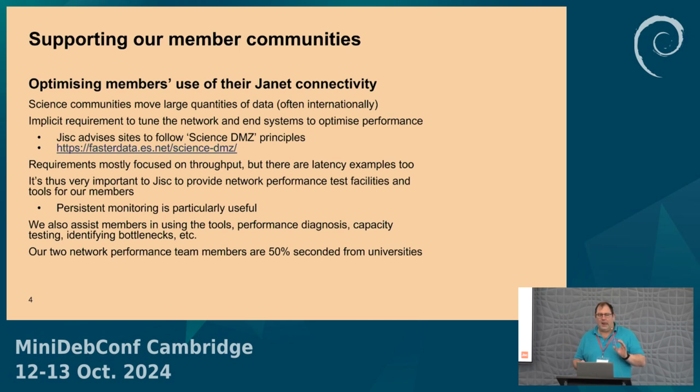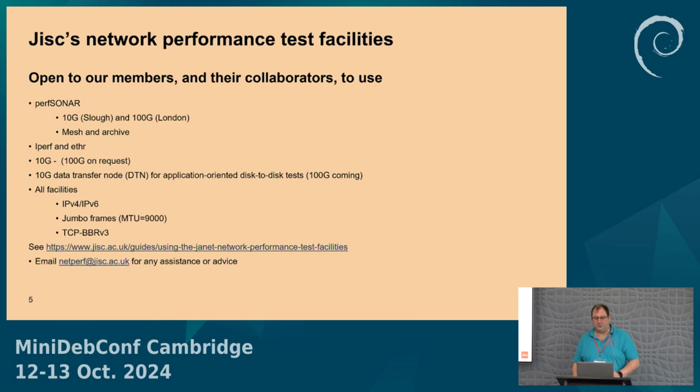And the other thing that you find is that you need to do performance monitoring. And one of the tools that we use in that armory is perfSONAR. We've got a number of other tools, but just to give you a brief summary, we've got a 10 gig perfSONAR node in Slough. We've got 100 gig in London. And we've got also iPerf and Ether.